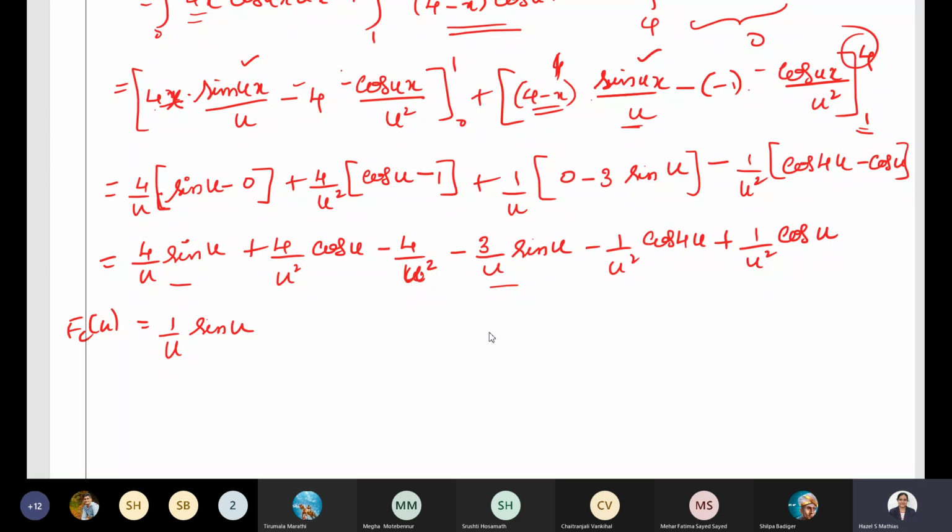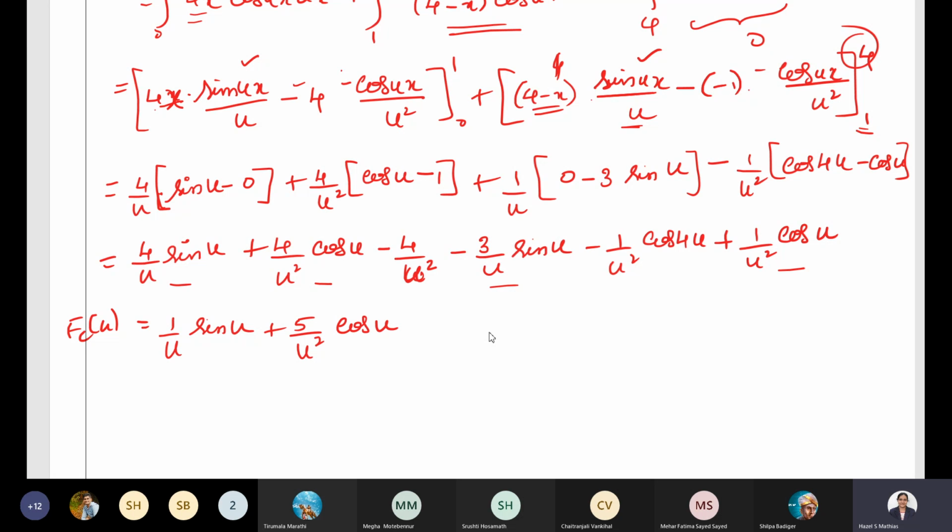Whereas 4 by u square cos u plus 1 by u square cos u will be 5 by u square into cos u.